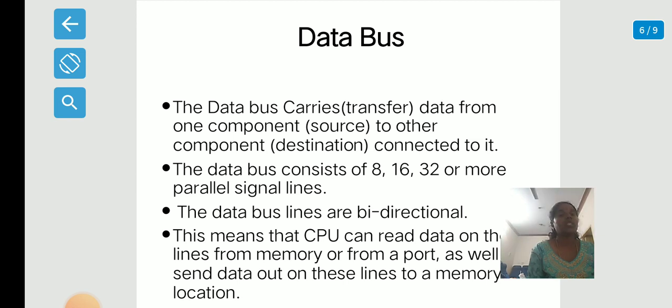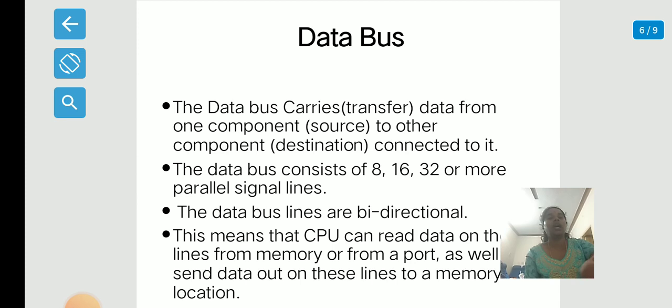That means the CPU can read the data on the lines from memory or from a port, as well as send the data on these lines to a memory location. The data bus is connected in parallel to several devices.